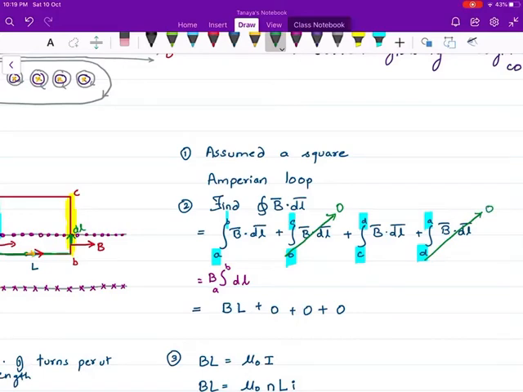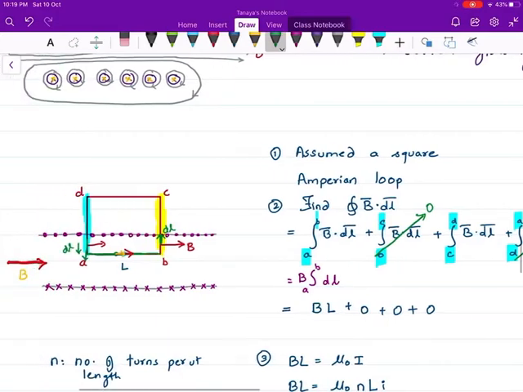Now what about this CD, the loop CD? This part of the Amperian loop from C to D, is there any magnetic field over here? No. The DL I can show like this. DL is like this, parallel to CD. But the magnetic field outside the solenoid is 0.